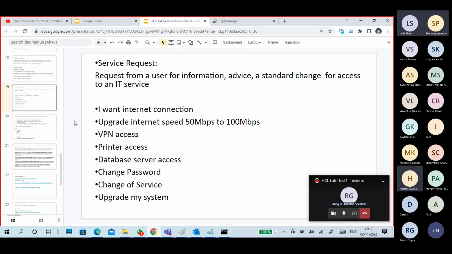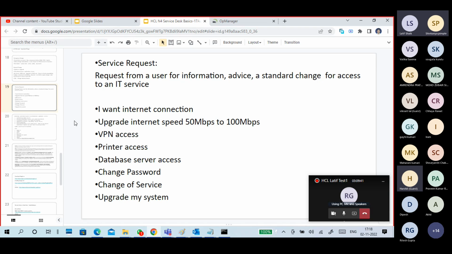Information, advice, standard changes for access kind of stuff. I ask my organization, I want VPN access so that I can access my database server or a virtualization server or a cloud machine. I want printer access.